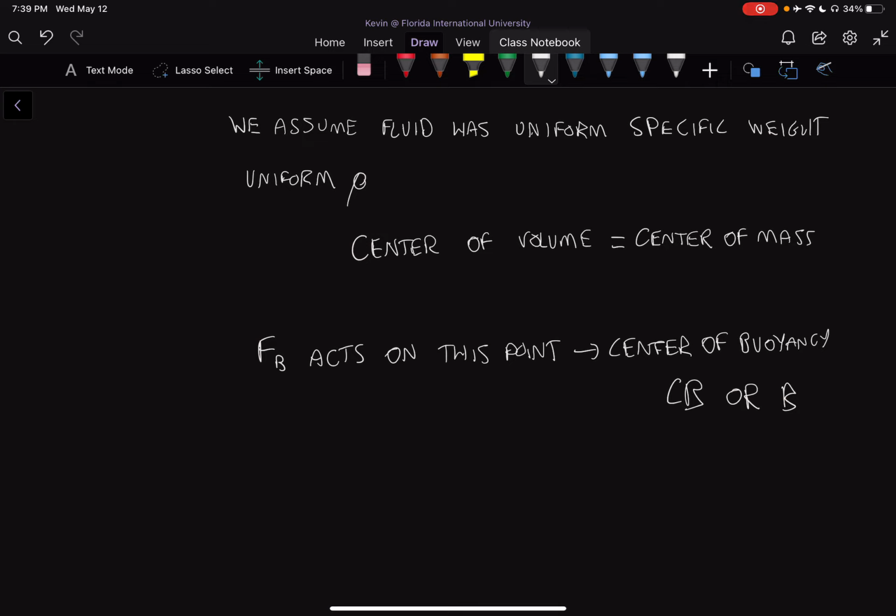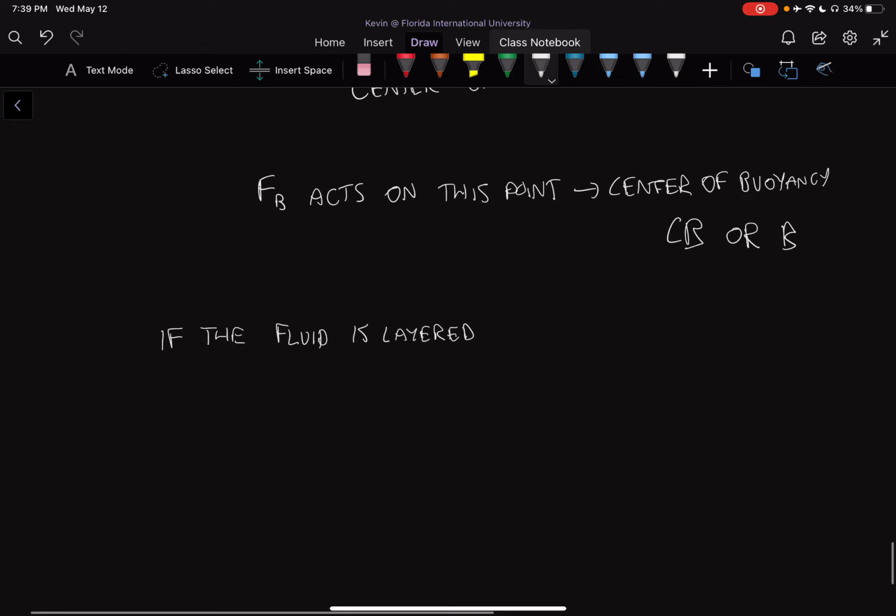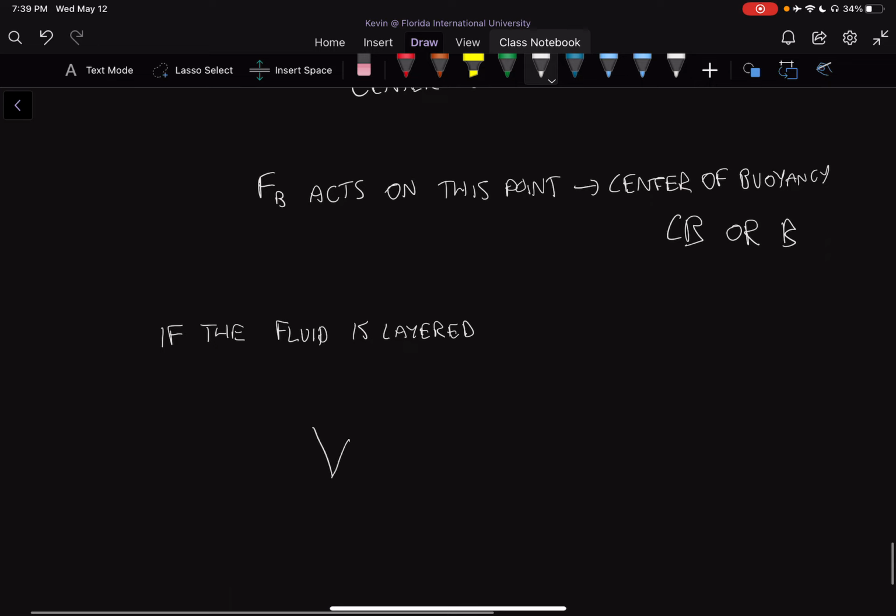Now if we have a different example with the fluid being layered, so instead of just a regular fluid, we now have a layered fluid with different densities that are not uniform, then you have to take into account the buoyancy. For example, you have a boat that is half in oil and half in water.